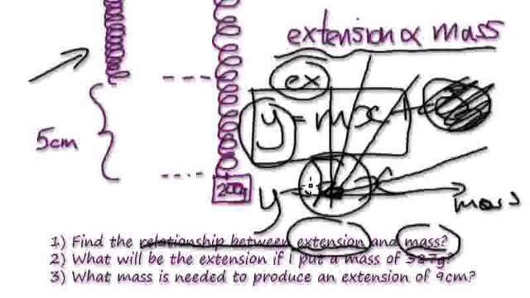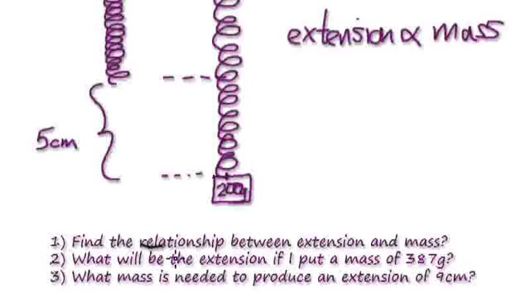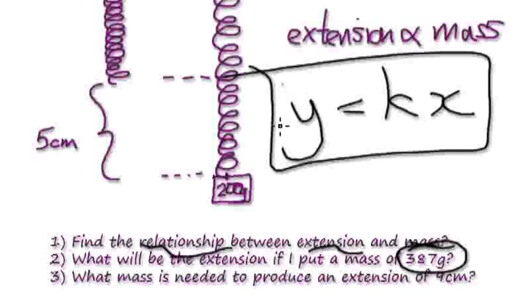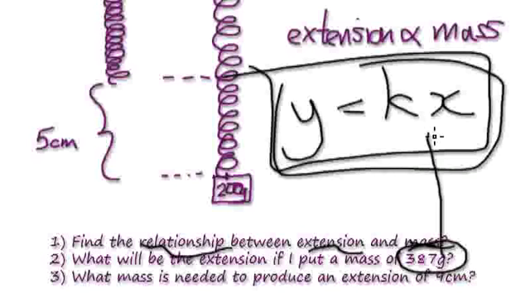Once you've got this equation, you can find out what the extension would be if I put a mass of this much on the end of the spring. Once you've got your equation, you can put the mass into here and then find out the extension.